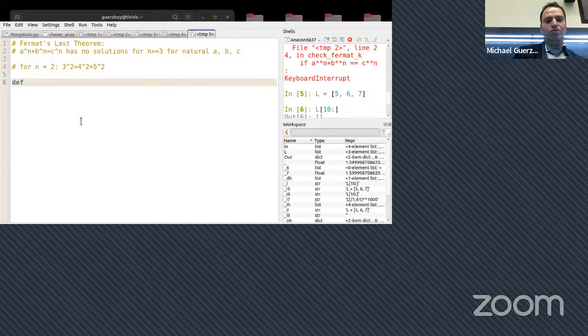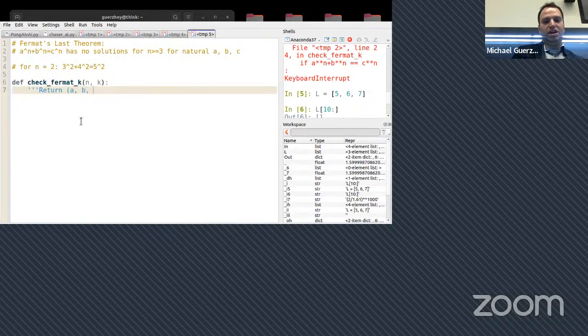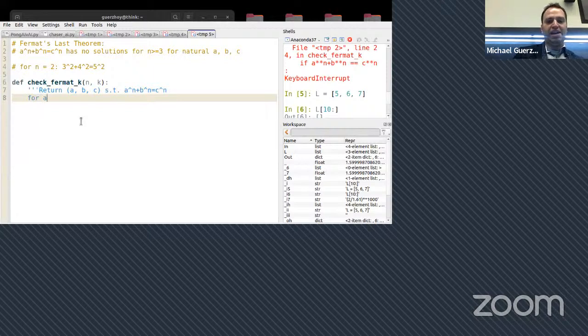We'll define check_fermat(n, k) that returns a, b, c such that a to the n plus b to the n is equal to c to the n, for a, b and c between 1 and k.